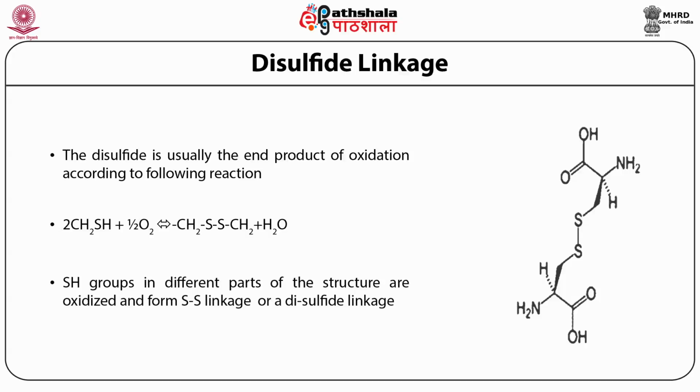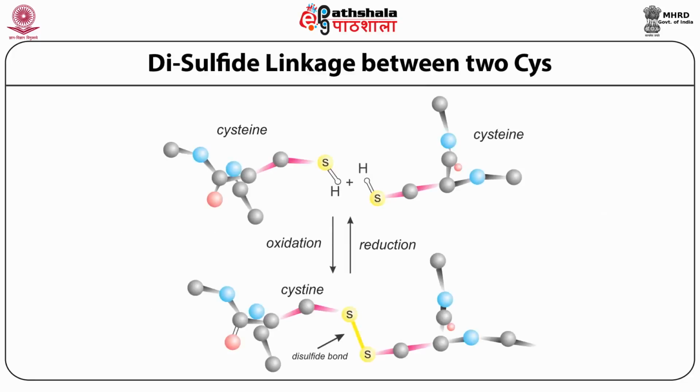The SH groups in different parts of the structure are thus oxidized to form an SS linkage, or a disulfide linkage. It is shown in this picture how two cysteine molecules combine with each other, and the SH hydrogen and one oxygen combined go away as water, and a disulfide linkage is formed, which is shown in the lower part of the figure.